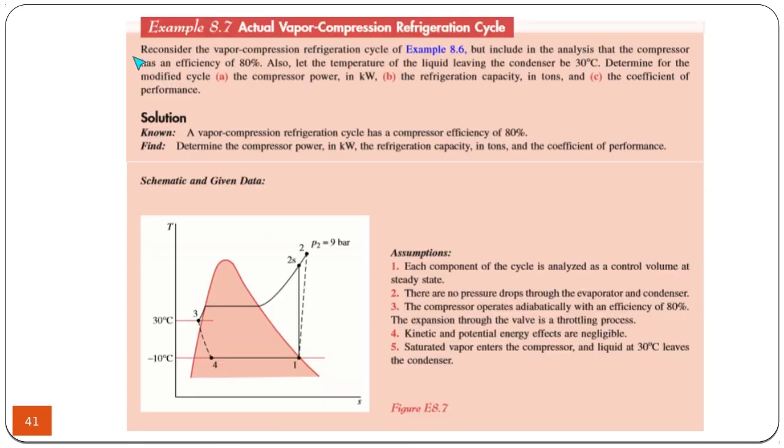Now we have an example in which we have some irreversibilities in the compressor and in the condenser. The compressor has a higher temperature or higher enthalpy at the exit because of internal irreversibilities such as friction, and also the condenser exit is not a saturated liquid now, but it's subcooled.